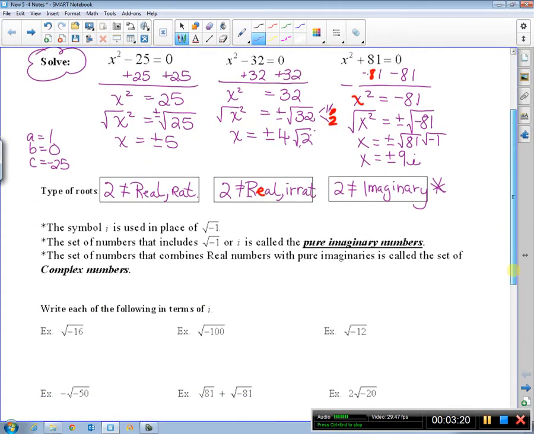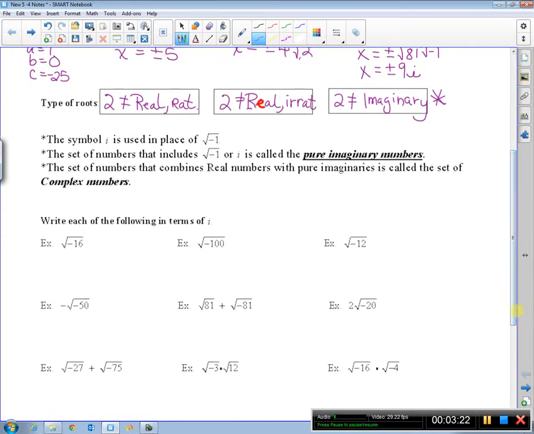Let's take a look at what just happened. You know you can't take the square root of a negative number, but that rule is for the set of real numbers. If we expand our set of numbers, then we can get negatives under the radical. So here we have the symbol i used in place of the square root of negative 1.